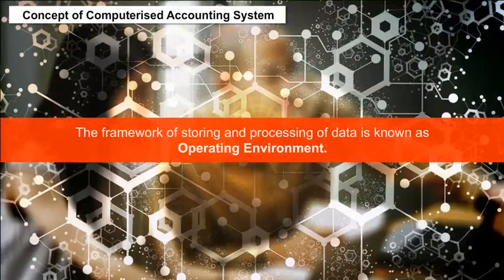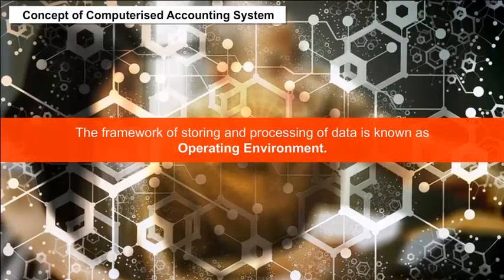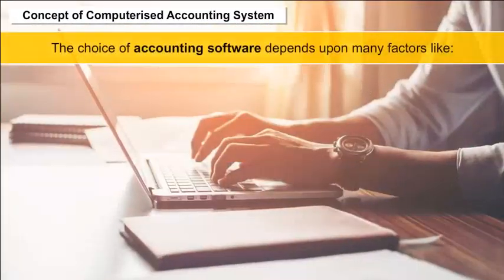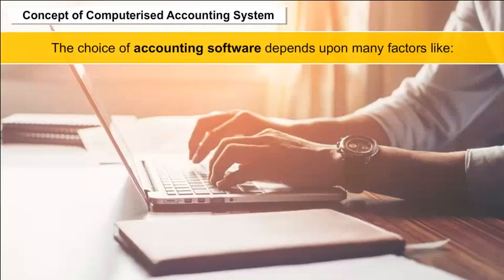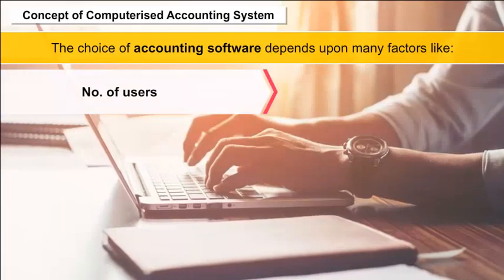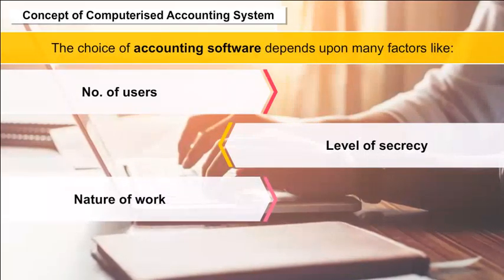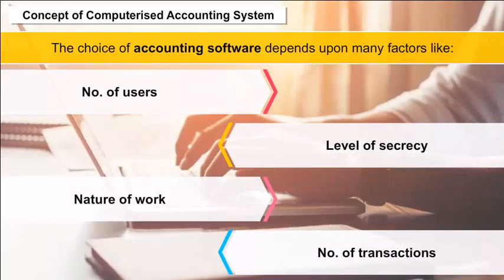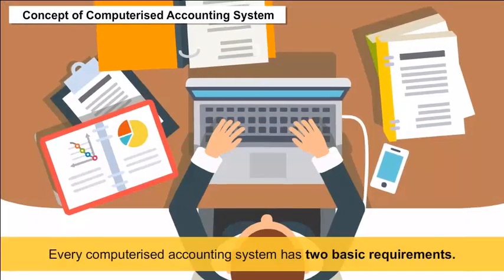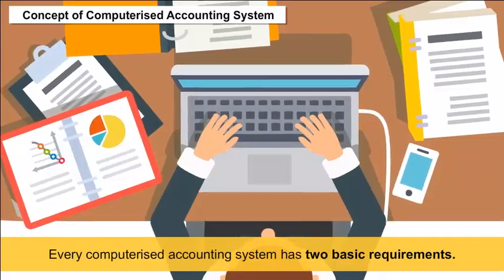The framework of storing and processing of data is known as operating environment. The choice of accounting software depends upon many factors like number of users, level of secrecy, nature of work, number of transactions. Every computerized accounting system has two basic requirements.